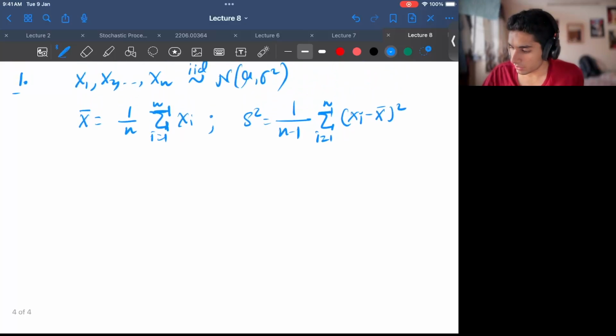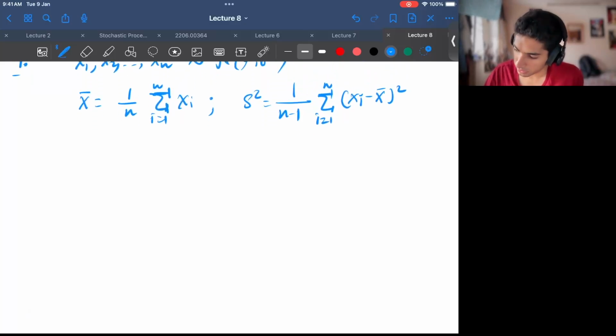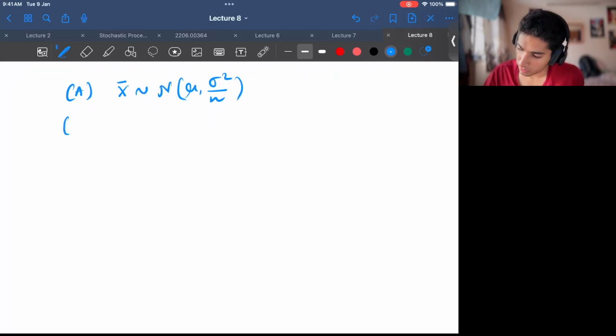And there are four statements that are given to you. The first statement is x bar is distributed according to normal mu comma sigma square by n, right? B option is s square follows chi square distribution with degree of freedom n.